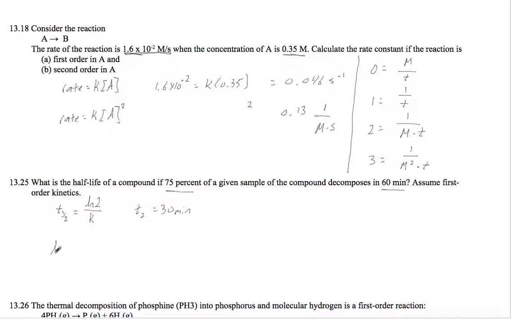We could do natural log of 25 equals negative k times 60 minutes plus natural log of 100. Now this is the integrated rate law equation.